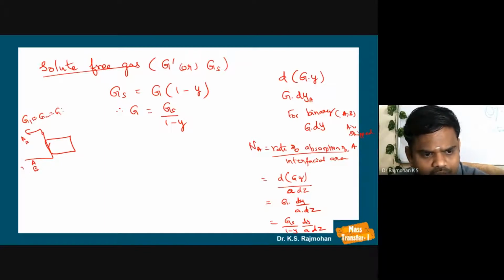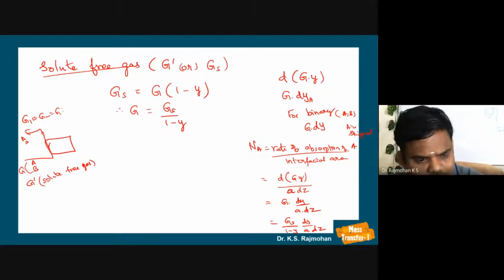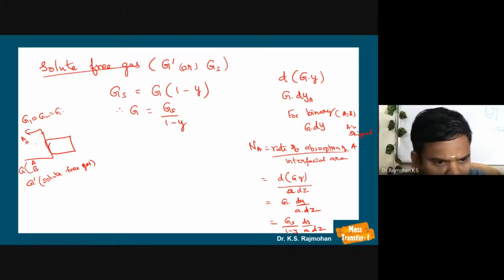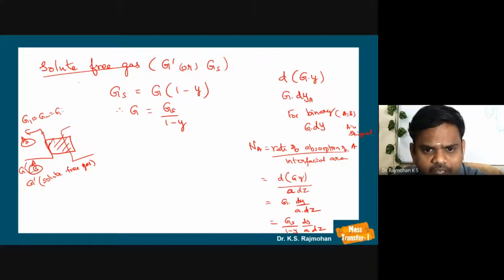So if G is a mixture of A and B, G dash is the solute free gas, so that means only B, or any other substance. That is going to be the same, because the amount of B entering has to leave the column, as B is not dissolving into the liquid in the absorption column. So G dash is going to be the same. That's why we want to express the material balance in terms of solute free gas. Solute free gas is how much? How much is the amount of B?